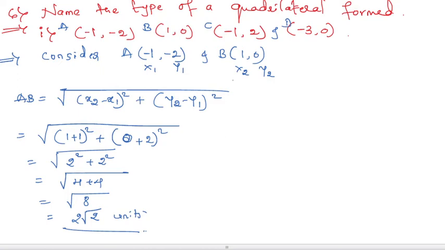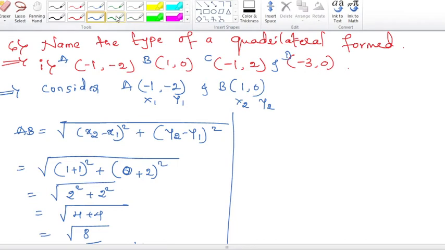Now, we will take another one. Here consider the points BC, same as the previous problem, B is 1 comma 0 and C coordinates are minus 1 comma 2.